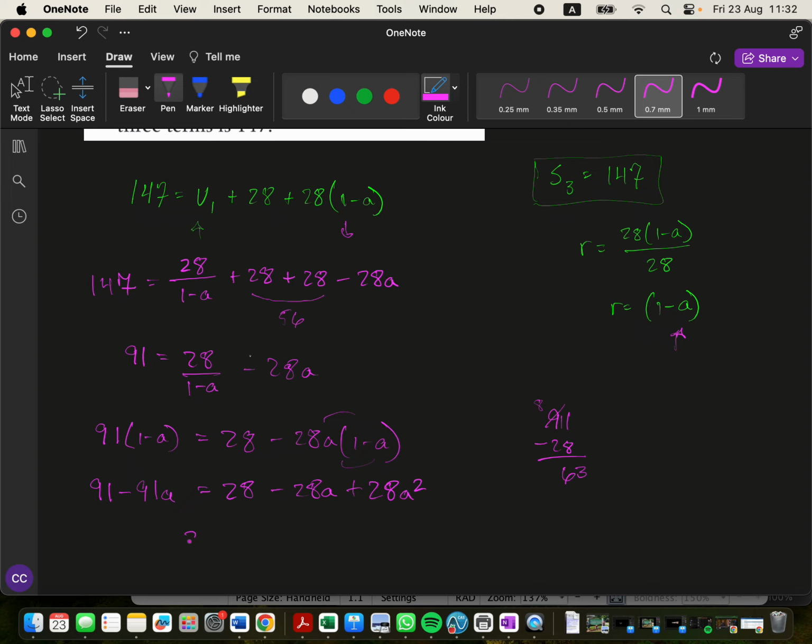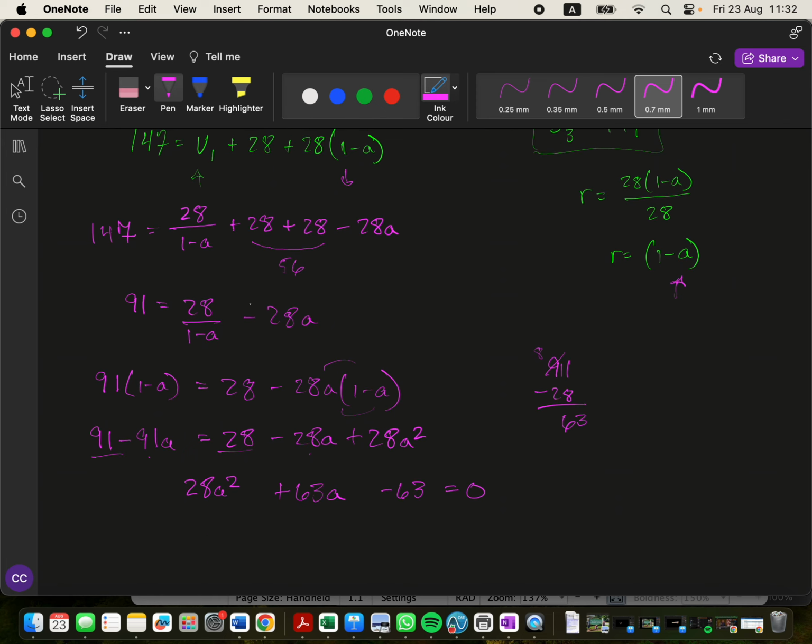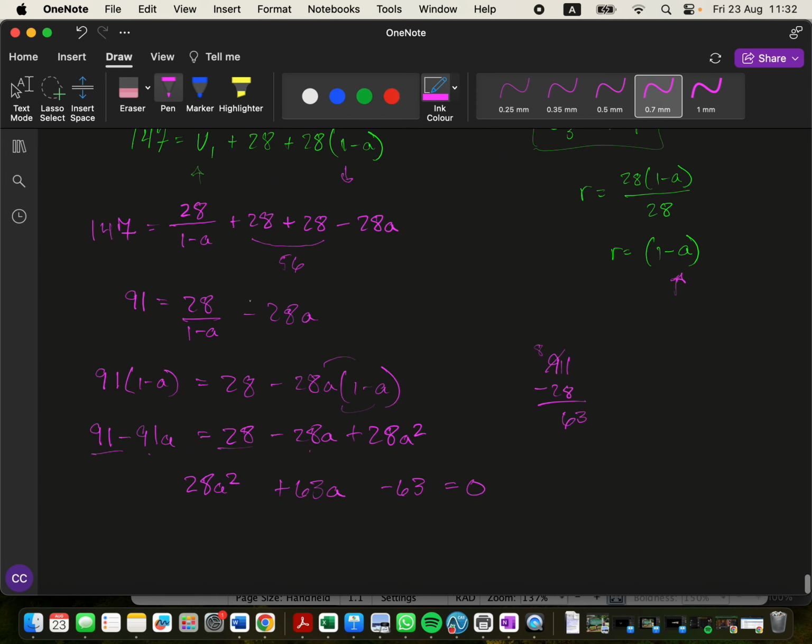So if I brought this all together, I get 28A squared. This turns into minus 63. And these two terms turn into plus 63A's. And all of that is equal to 0 now because I have it all on the same side.